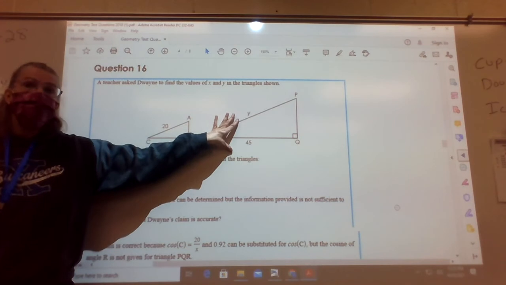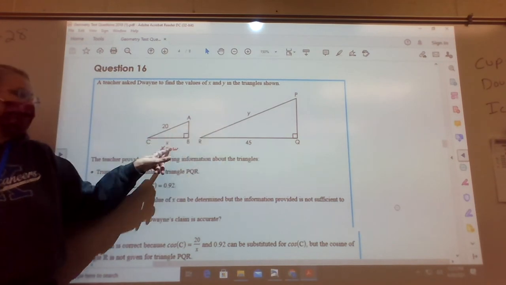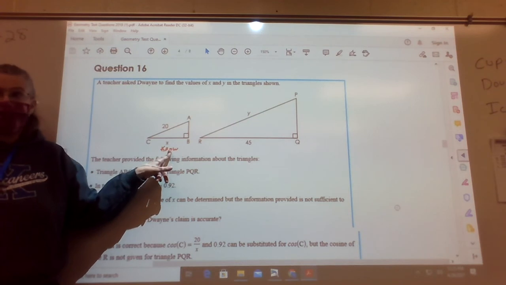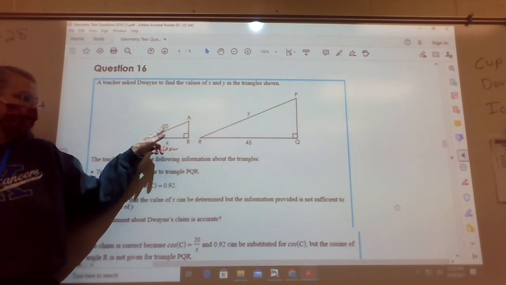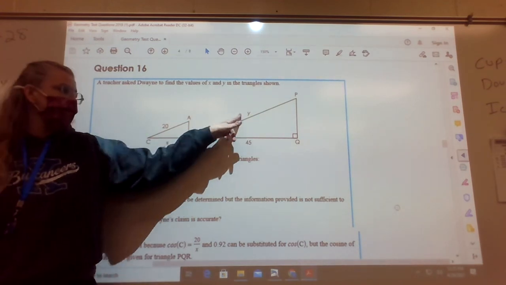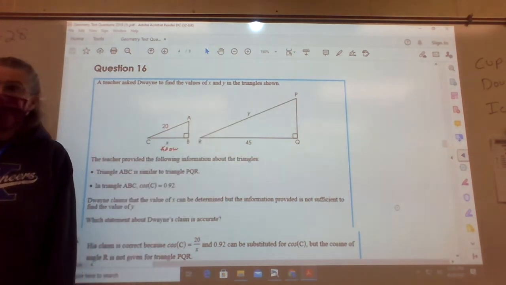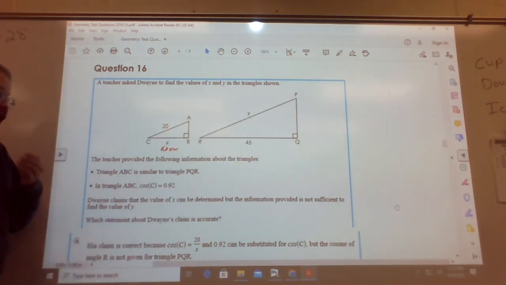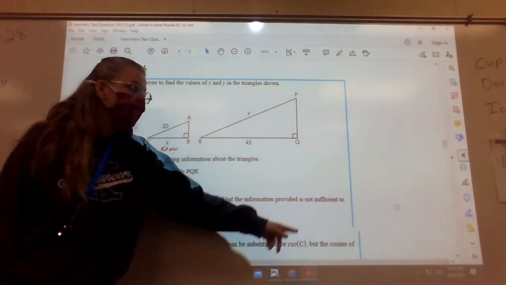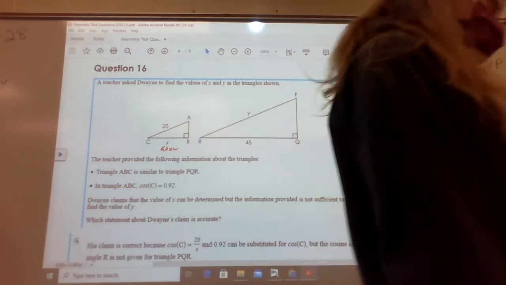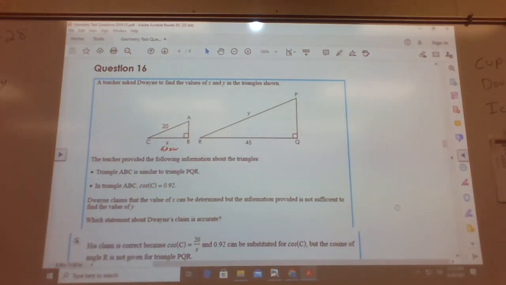Yeah, I can do that because once you know these two, I can set up a proportion. Remember, similar triangles are always proportional. So I can set up a proportion where I said these two things equal to these two things, and I can figure out what y is. So him saying that he doesn't have enough information is wrong, because we do have enough information. Now let me make this smaller so we can look at choices.